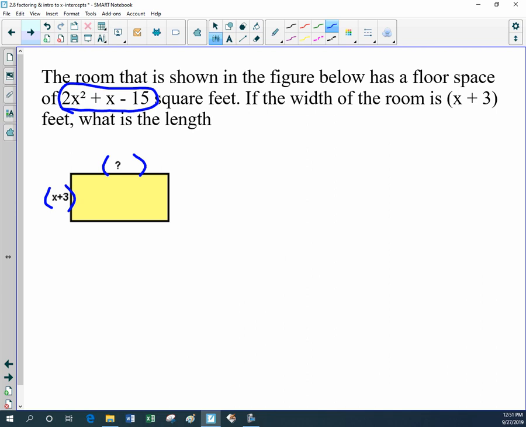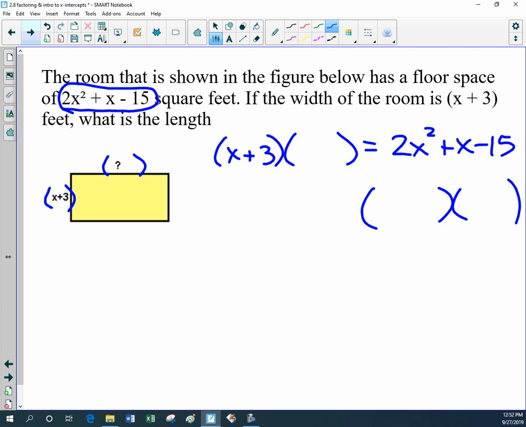So x plus 3 times something is equal to 2x squared plus x minus 15. So we know what the answer is in standard form. What we want to find out is what does this look like in factored form? So we're just going to work backwards. We're going to factor this problem.